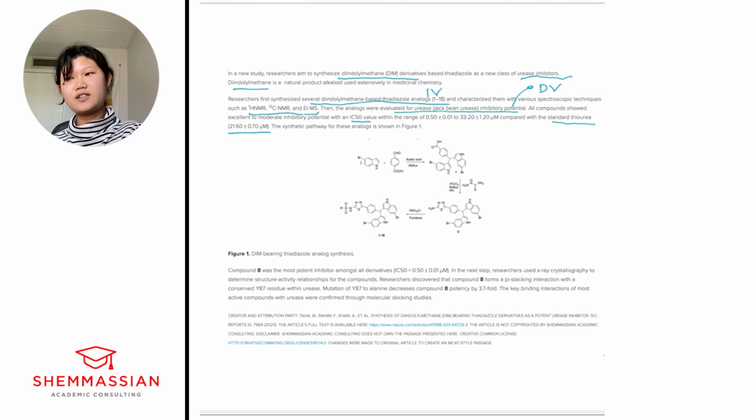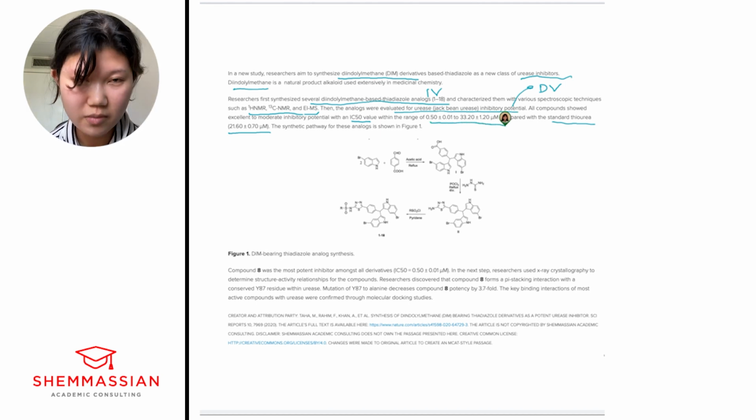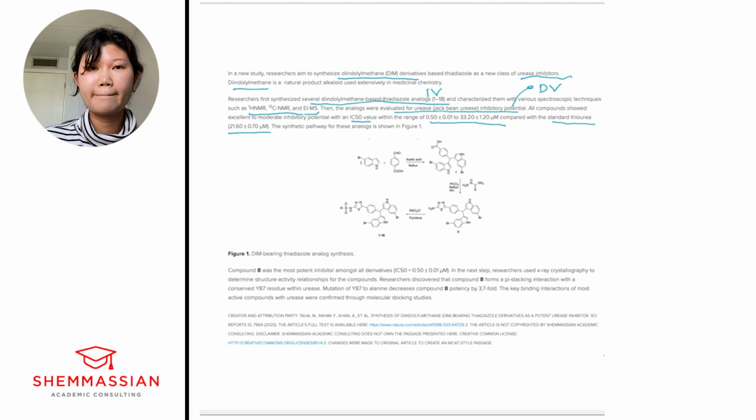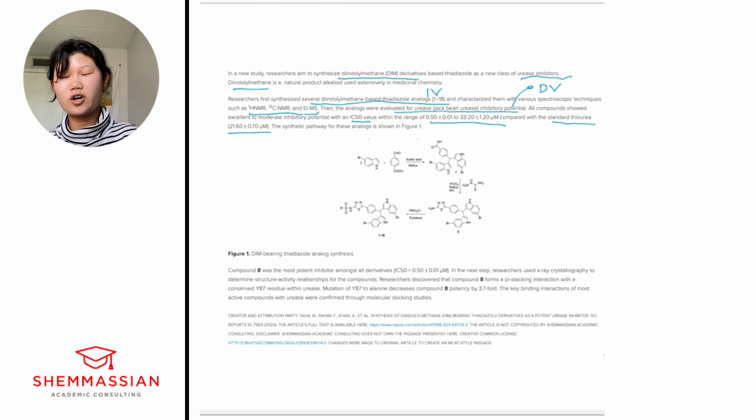As we covered before, it'd also be good to highlight numbers, in case the question asks for them later, so we don't need to waste time going back to find these. Overall, this paragraph shows us more information about what the researchers are doing, measuring urease inhibitory potential with IC50 values.